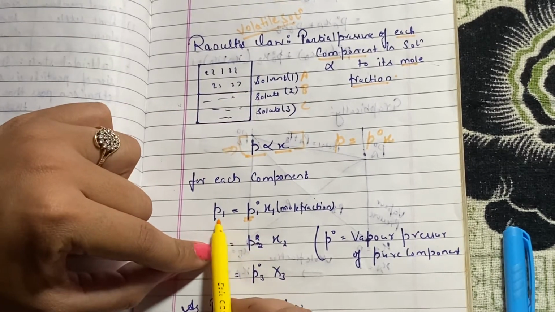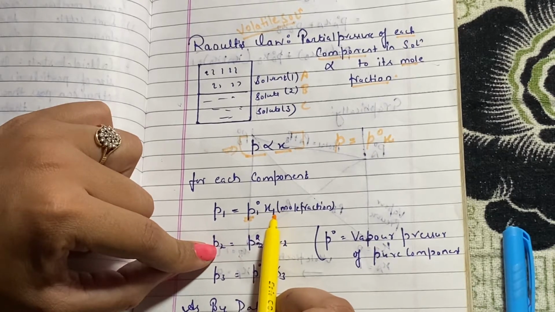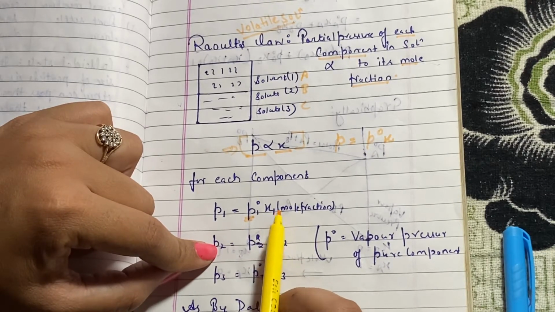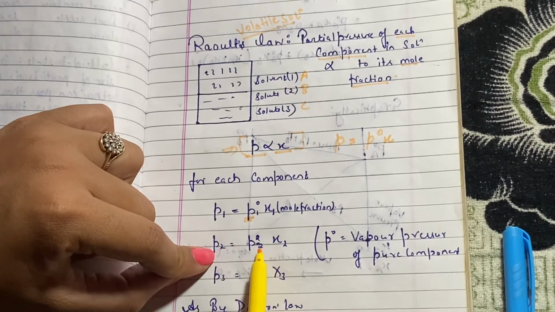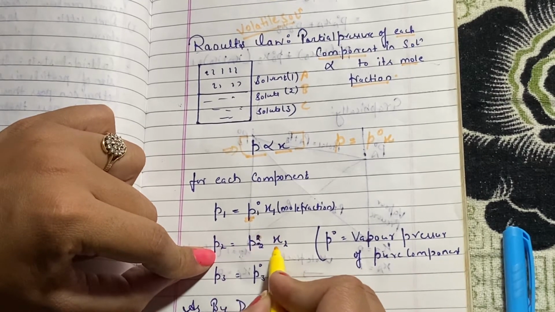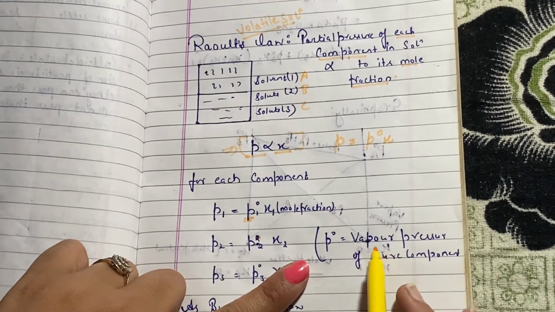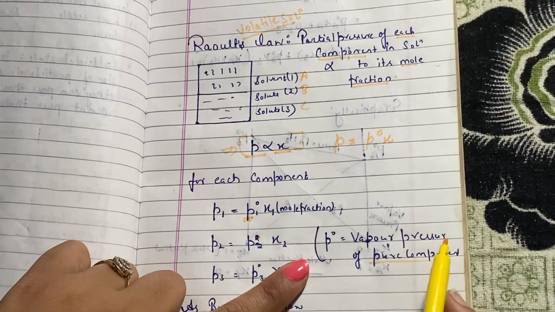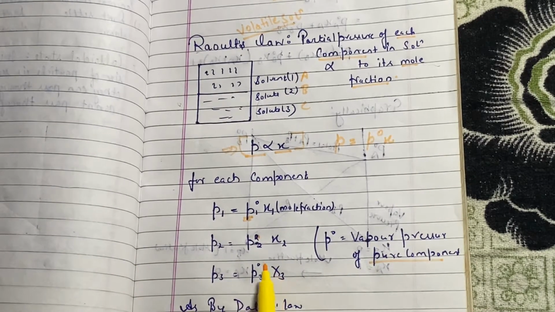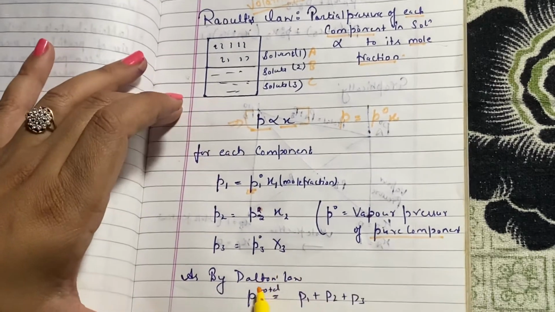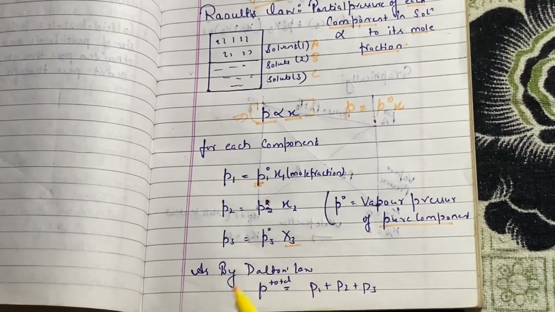Same as P1 is directly proportional to the mole fraction of solvent 1, P2 is P2 naught and X2, where P naught is, again I will tell you, the vapor pressure of the pure component. Next one is P3, which is directly proportional to the mole fraction of the third component.